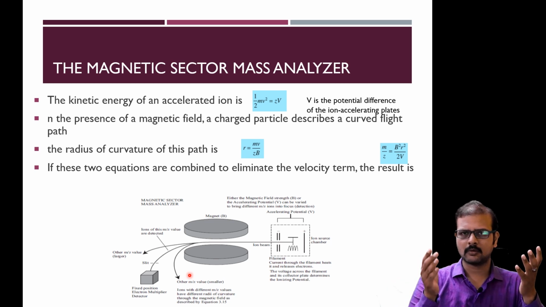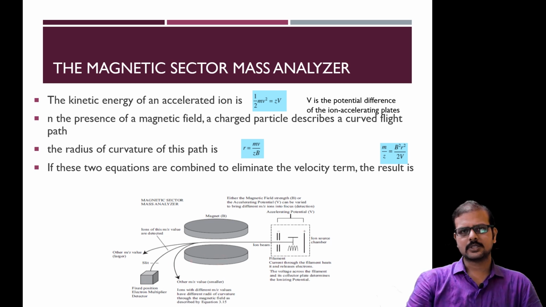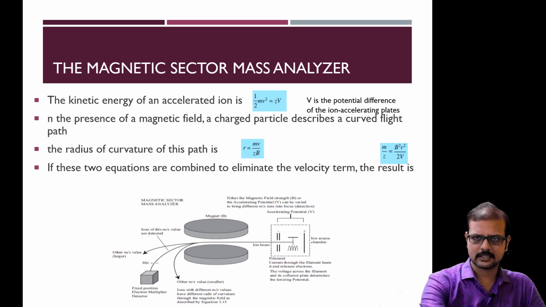Only the mass which is suited to this magnetic field will reach the detector. That means we should constantly change the magnetic field such that all the molecules pass into the detector. This is the difficulty we face in single focus ionization.